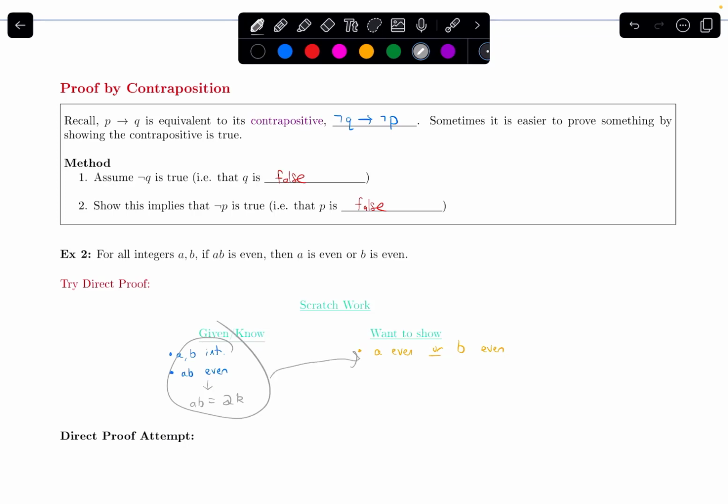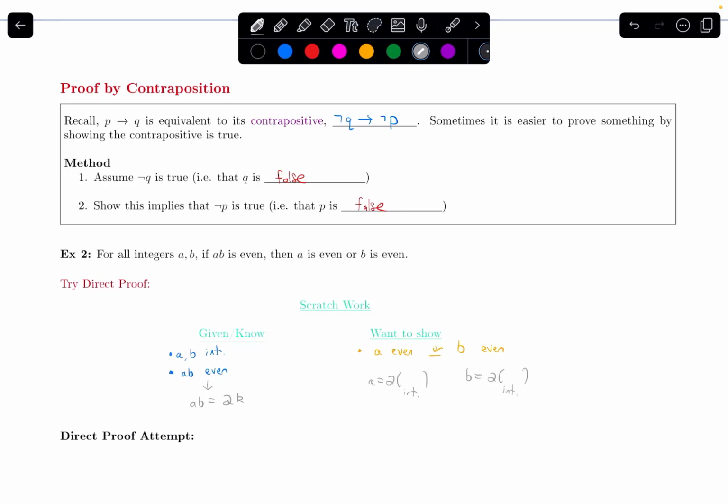Because to show that a is even or that b is even, I would need to show that a equals 2 times some integer, or that b is 2 times an integer. I would need 2 times blank parentheses, where this is an integer.